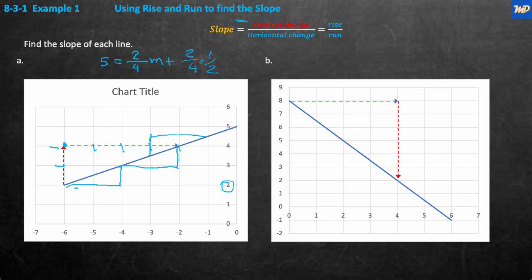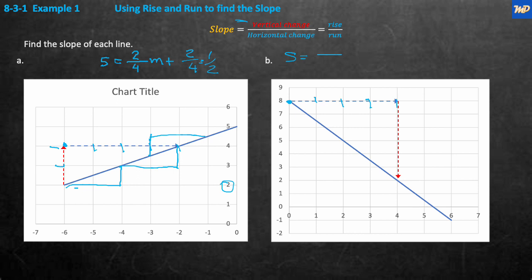So in B, we're going to look here. We're going to start at this point here, and we want the slope. It's going to be easier to do the horizontal first. So I'm going to say that same thing. S is equal to, I'm going to put the line right here. We can do the horizontal change first, and that is 1, 2, 3, 4.